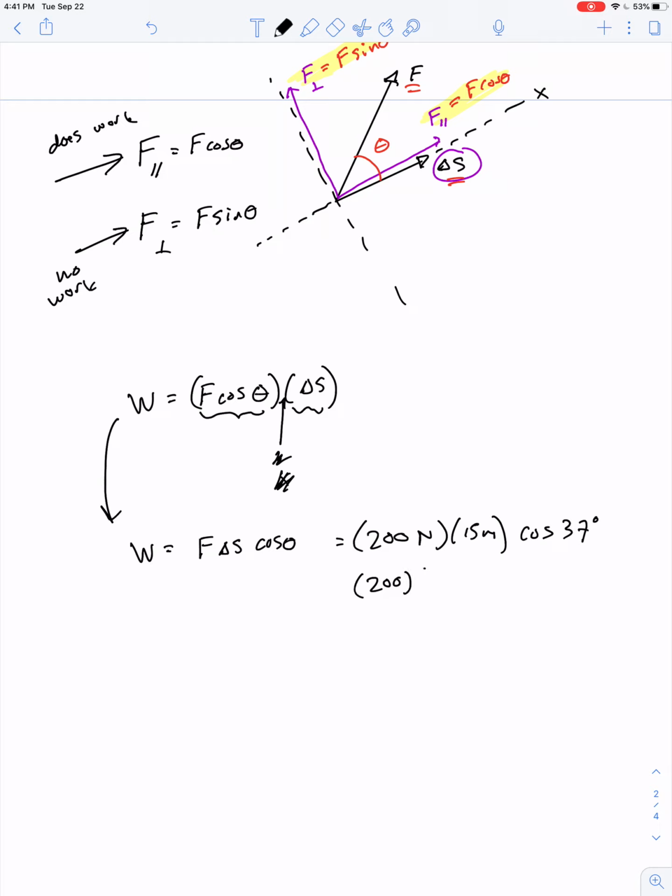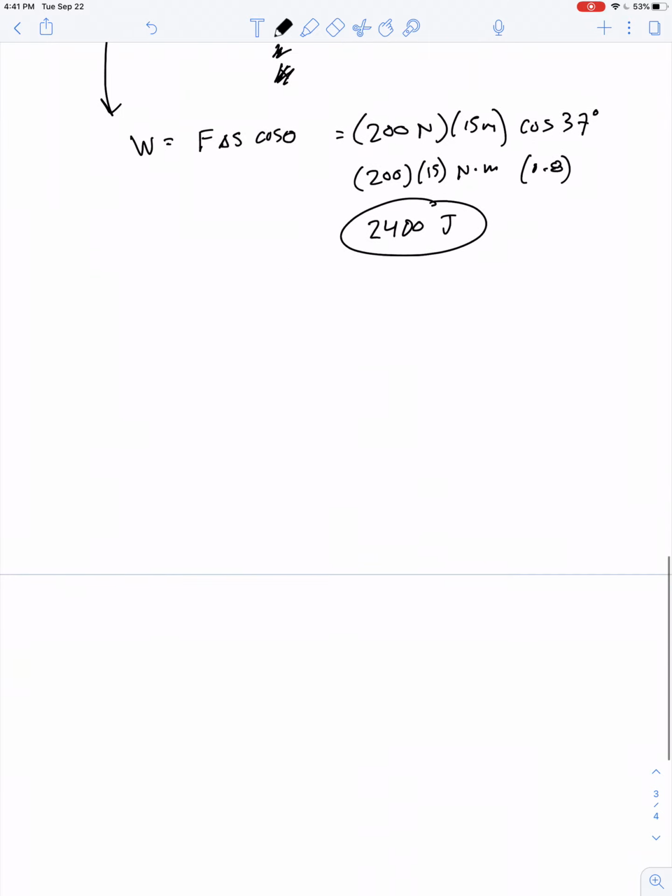This is 200 times 15 newton meters times 0.8. And indeed, if you grab a calculator and work that all out, that gives you 2,400 joules.